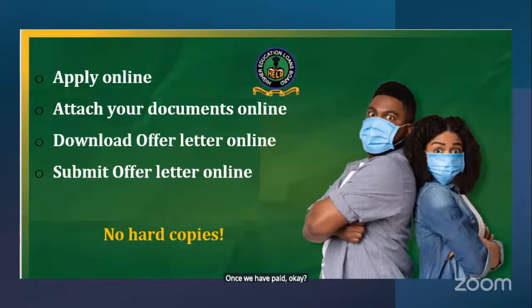Okay, so make sure everything is done online, and our services are free. So nobody should ask you to pay them money so that you can get the loan. No, just do the application online. Once you have done it online, sasa piga magoti uombe serikali kona pesa ndio tukulipe.